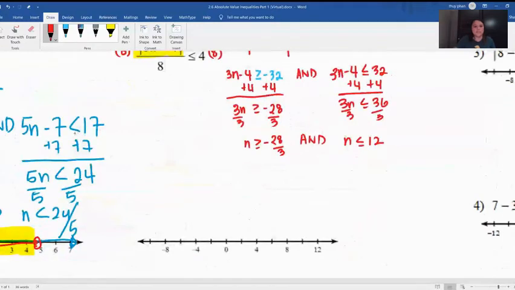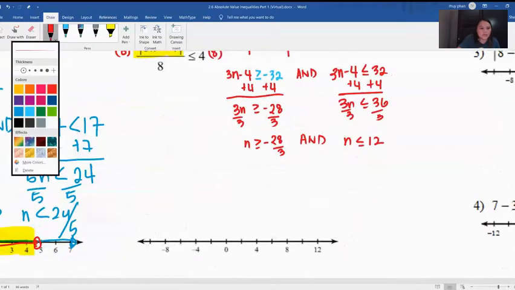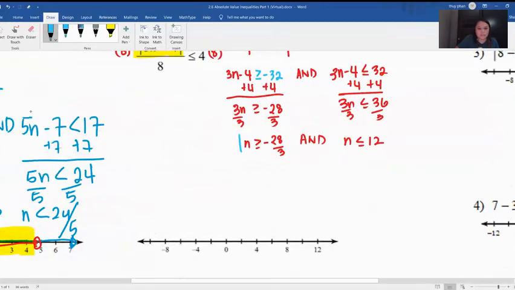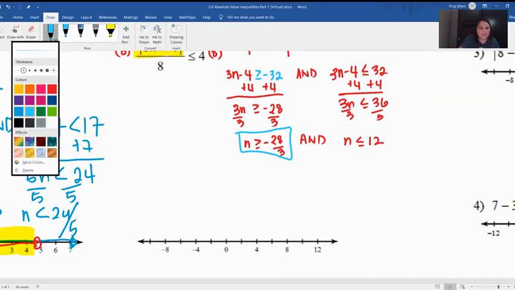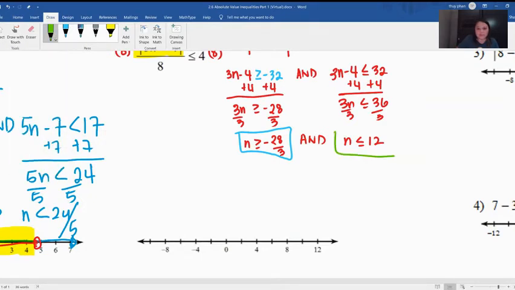All right, so I'm going to go ahead and graph. I'm going to use the turquoise to graph that inequality, and the green one, I want to graph this one here. So then we can see if it comes out to be an intersection.